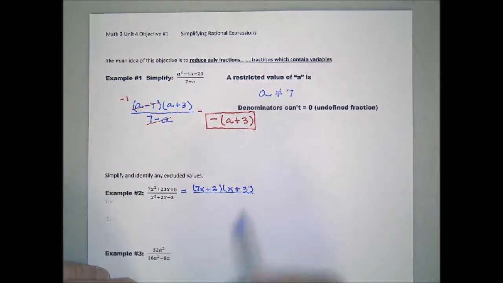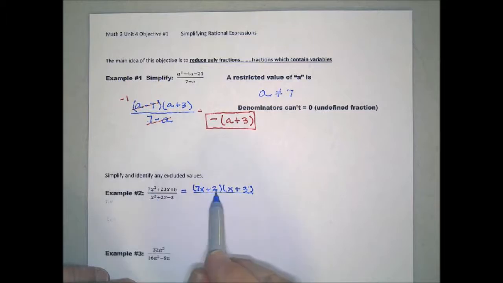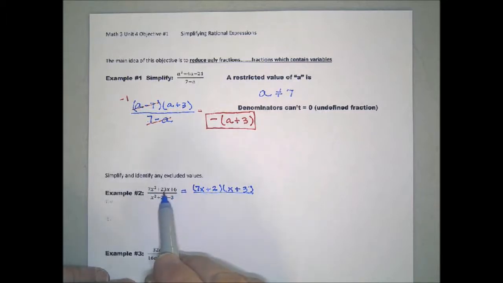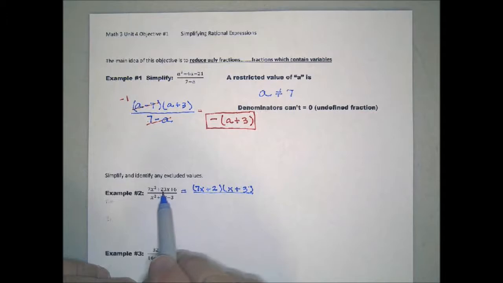Now you know that's right because 7x times x is 7x squared, so the front works. 2 times 3 is 6, so the back end works. What really matters is, do we get that 23 in the middle? And we do, because of the outside and the inside: 7x times 3 is 21x, plus 2x is 23x. So if you were to FOIL this, you would check and make sure that you get that.